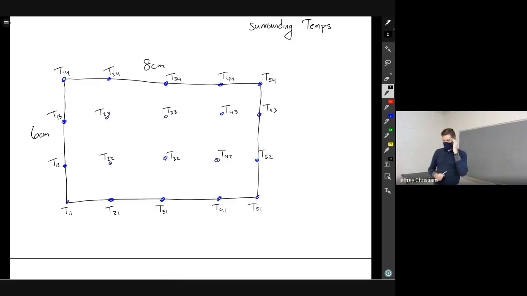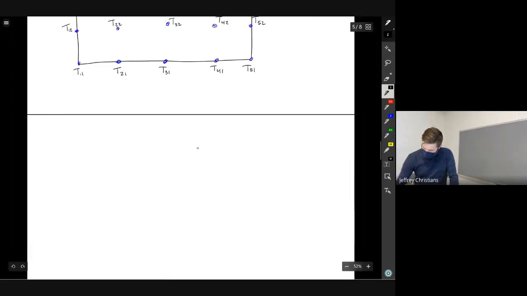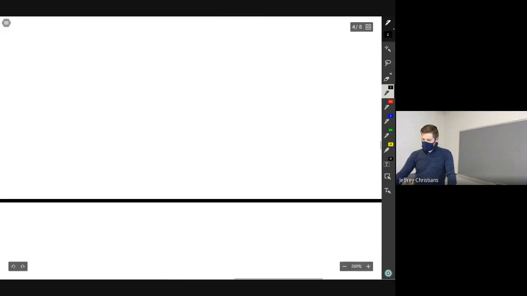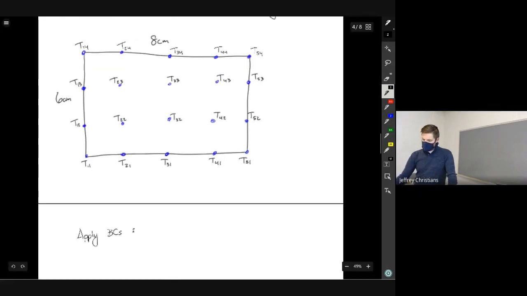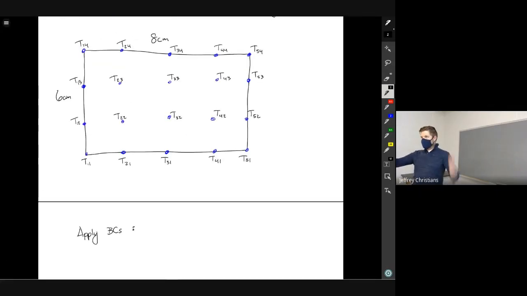We can first apply the boundary conditions. We have boundary conditions at the top, the left, the right, and the bottom.